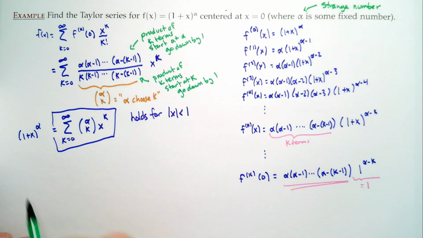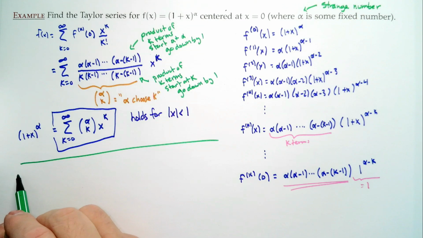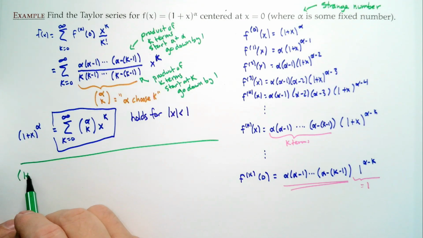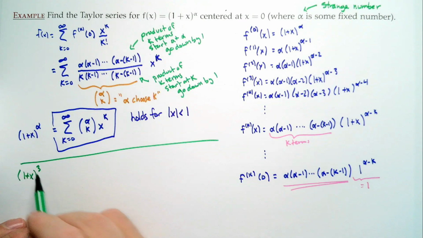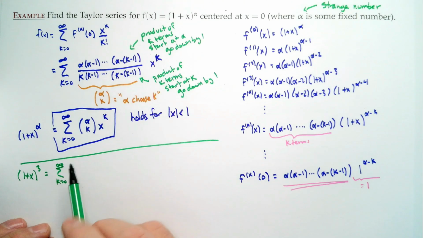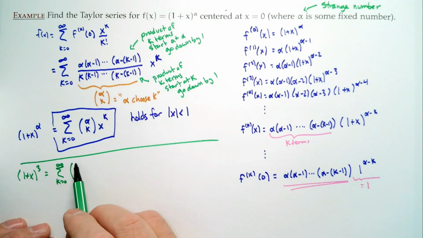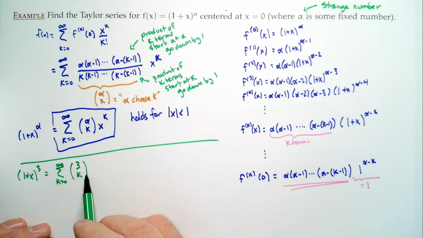What's a good, reasonable check? Let's start with something that we could do by hand: (1 plus x) cubed. According to this, it would be the sum, k equals 0 to infinity, where alpha is 3, of 3 choose k, x to the k.